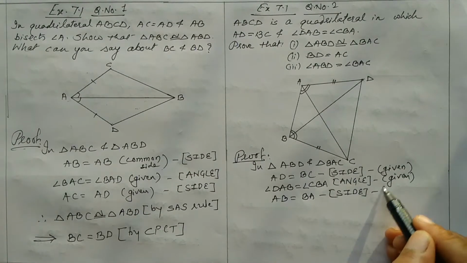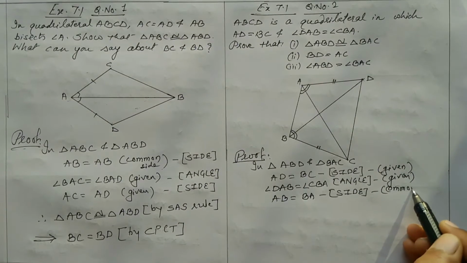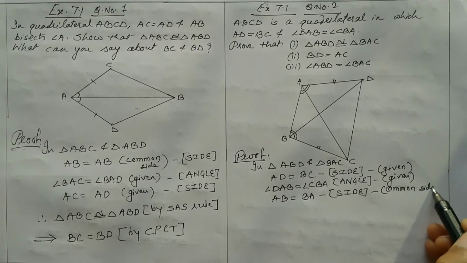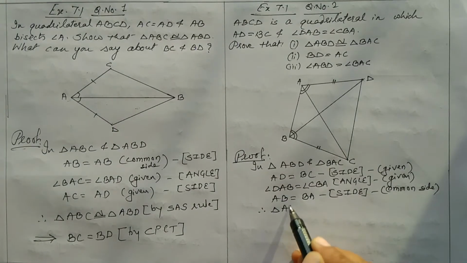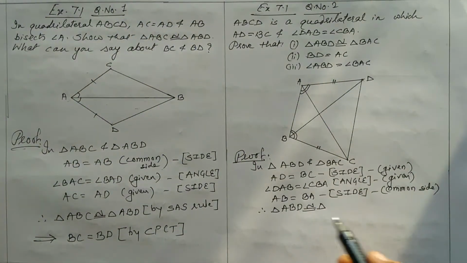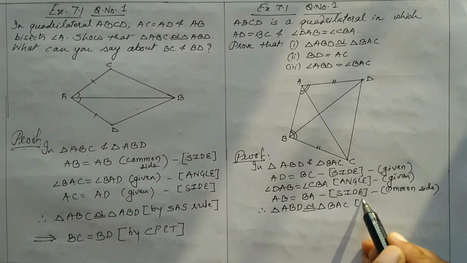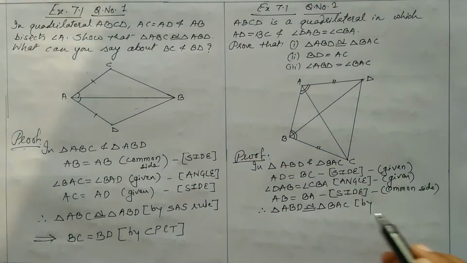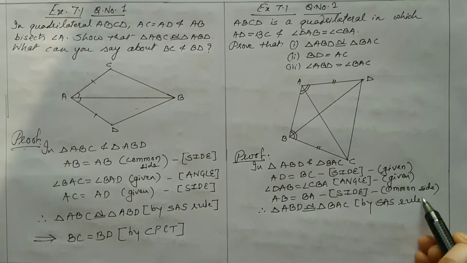I will write here given, common. So it is a common side. So we proved, therefore triangle ABD is congruent to triangle BAC by which rule? Side angle side. So SAS congruence rule.